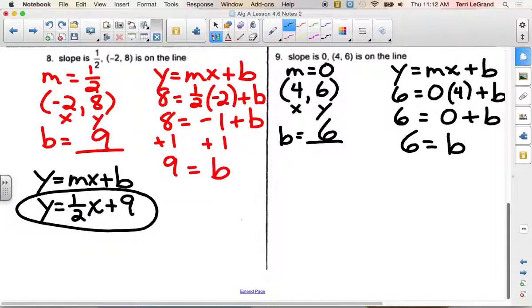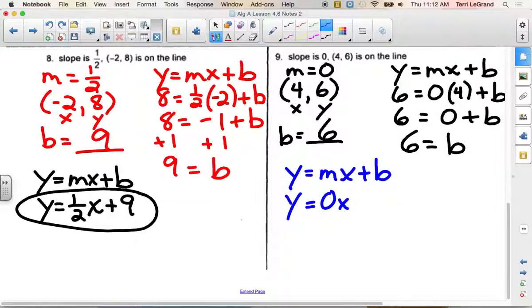And we're ready to write our equation. So what's our equation? Okay, y equals 0x plus 6. Is that how we're going to see it in the answer bank, do you think? Can that be cleaned up?